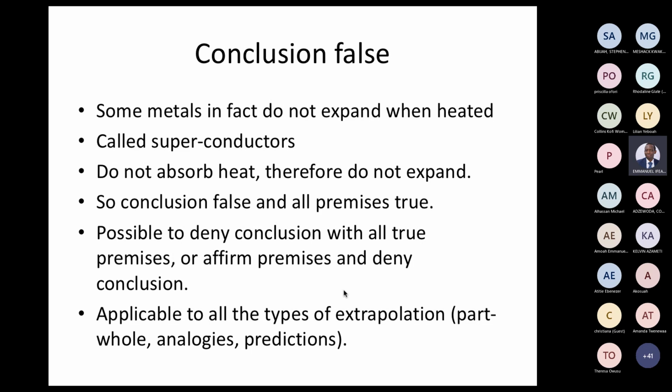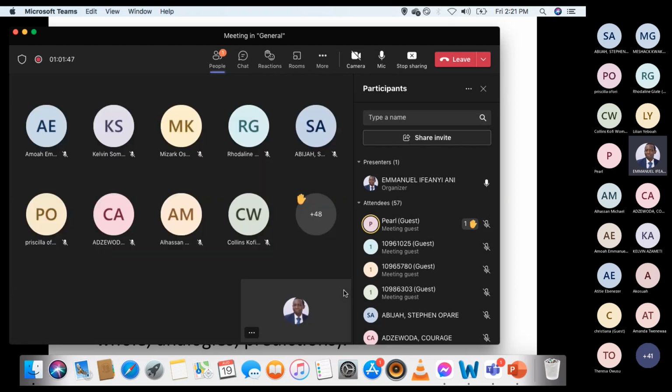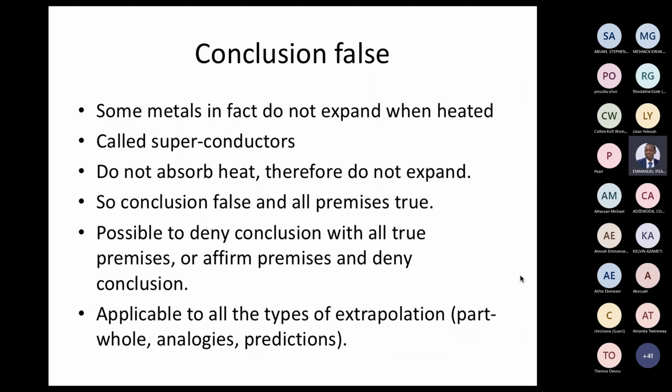The premises might be true, and the conclusion false, and yet there is no contradiction, because it's an argument that is capable of producing more than one conclusion. So this is applicable to all the types of extrapolation, whether it's the part-whole arguments, the analogies, the predictions, and so on.